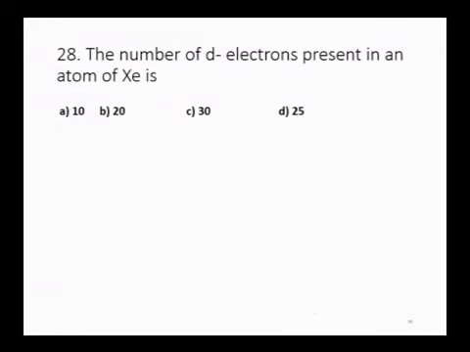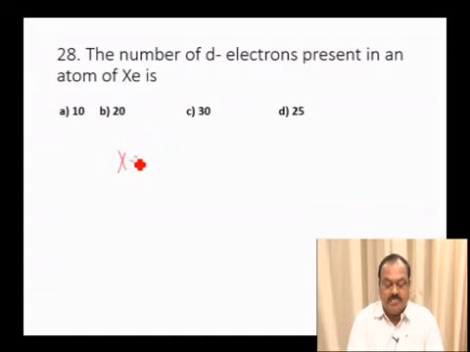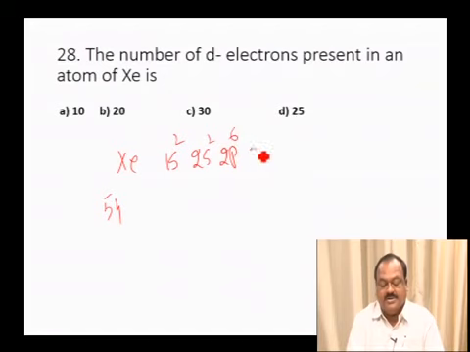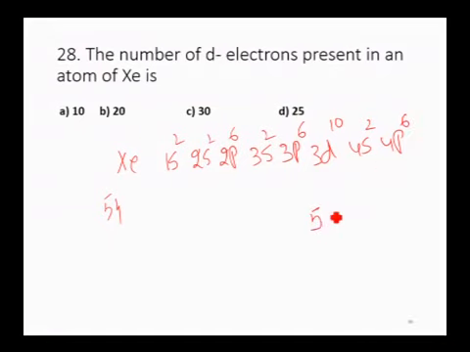The number of d electrons present in an atom of xenon. Xenon's atomic number is 54. Its electronic configuration is 1s2, 2s2, 2p6, 3s2, 3p6, 3d10, 4s2, 4p6, 5s2, 5p6.